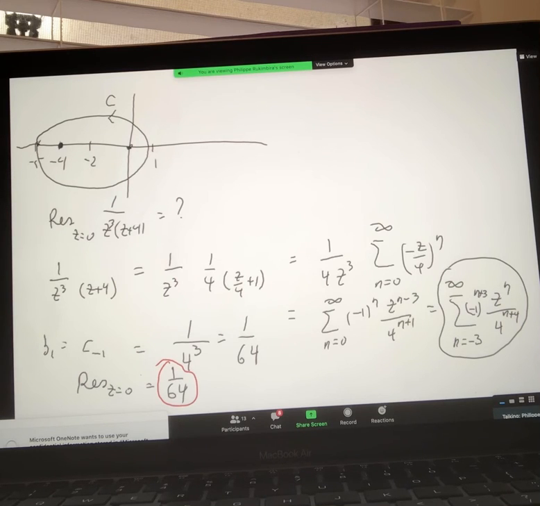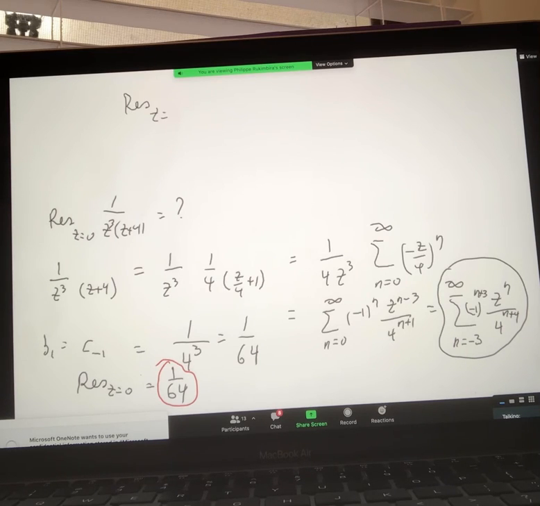Now we go ahead and look for the other one. Now the residue at z equals negative 4 of the same function.